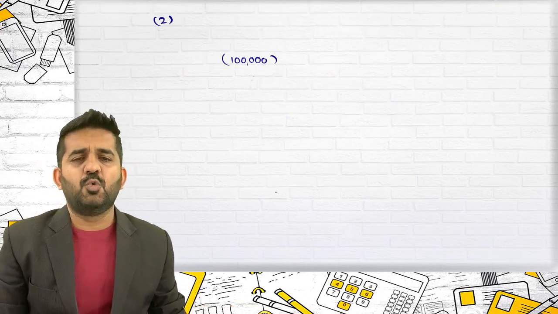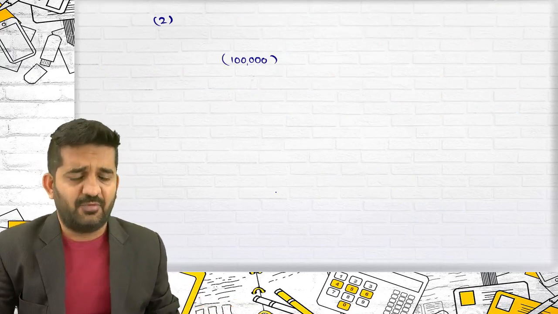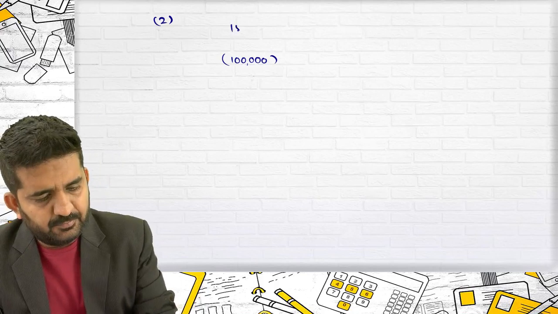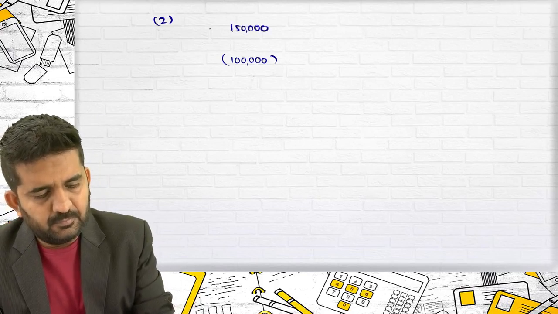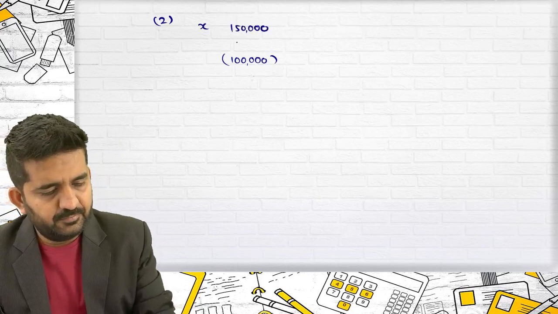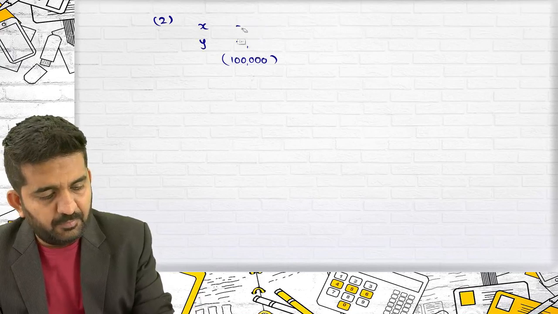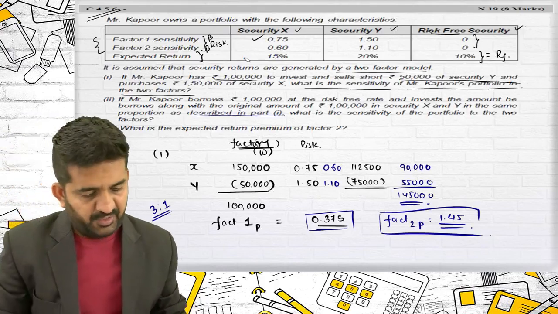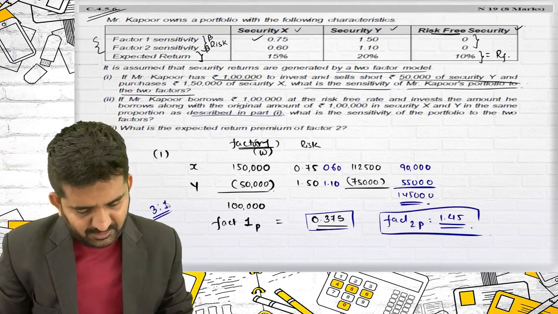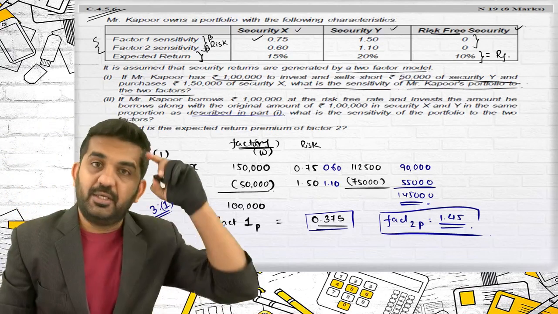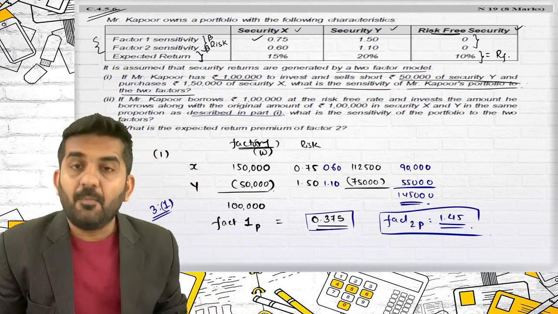So 2 lakhs in 3:1 is 1,50,000 in X and 50,000 in Y. No, because in Y it was a negative figure. This is 3:-1.